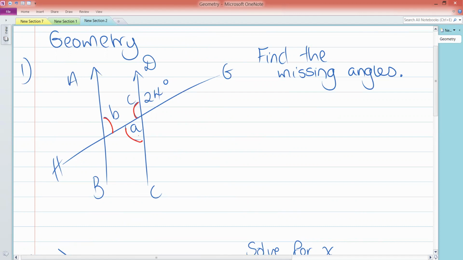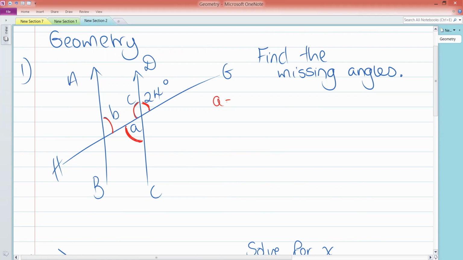That means you have either co-interior, alternate, and what's the other one? Co-interior, alternate, and corresponding.